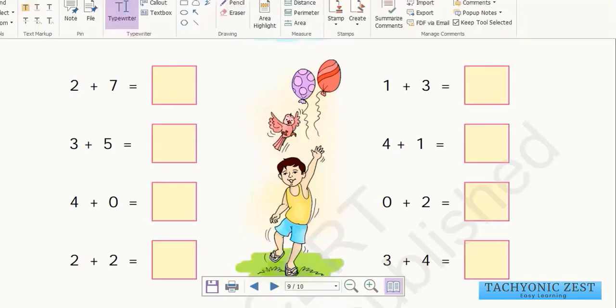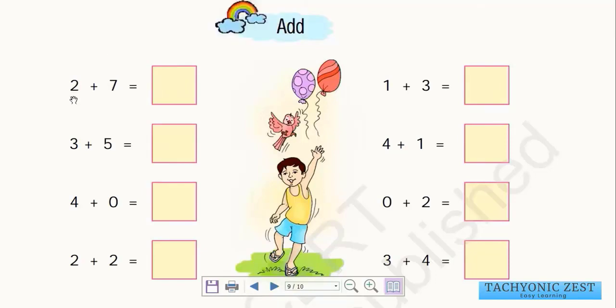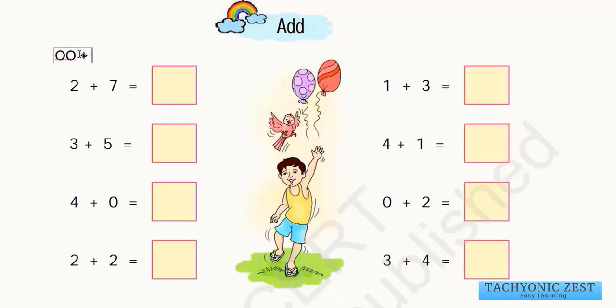What we will do is, first it is saying we have 2. So first we will draw 2 balls. Now plus 7, so 7 balls: 1, 2, 3, 4, 5, 6, 7.